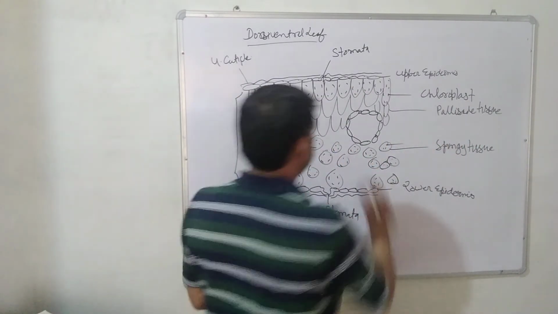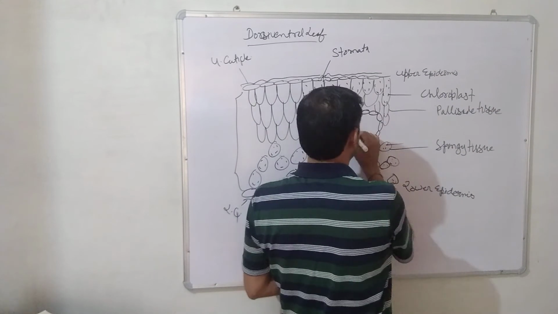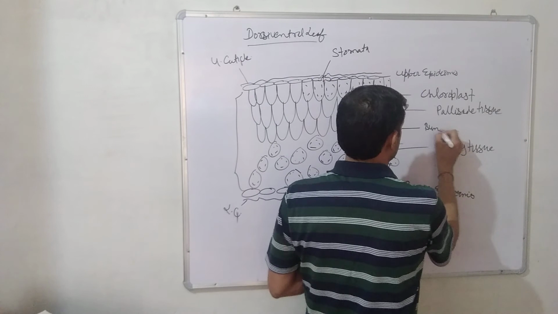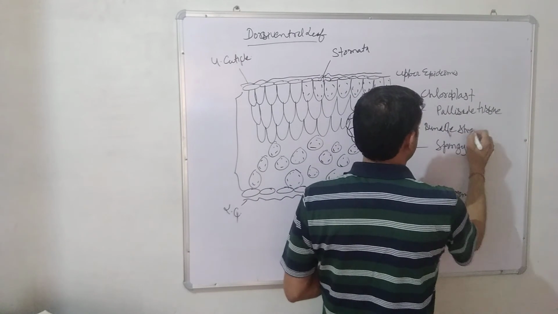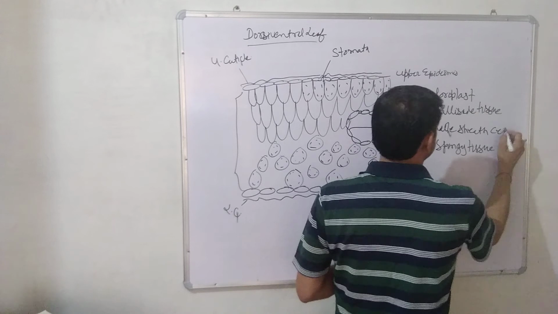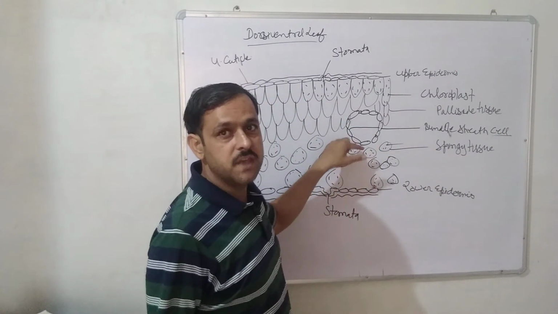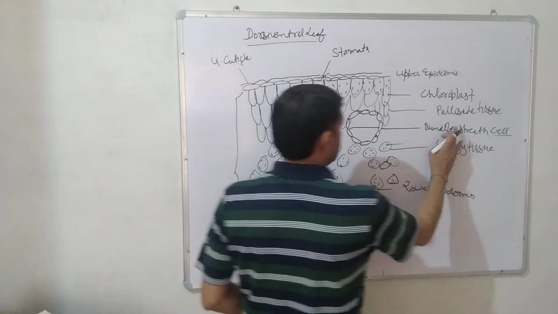In this structure, this encircled cell is called bundle sheath cell, and this encircled vascular bundle is surrounded by the bundle sheath cell.